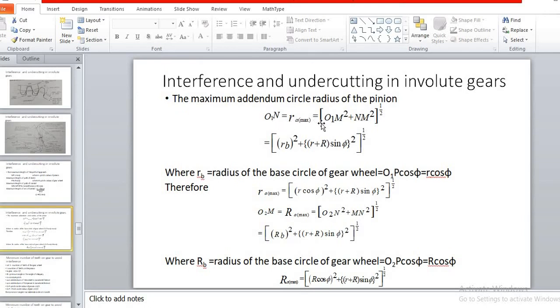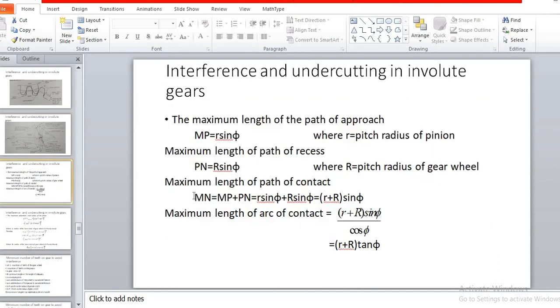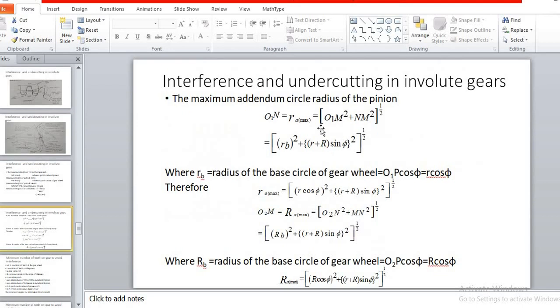So O1N is equal to the square root, represented as power 1/2, of the summation of squares of the two sides, O1M and NM, which are the two sides of this right angle triangle.